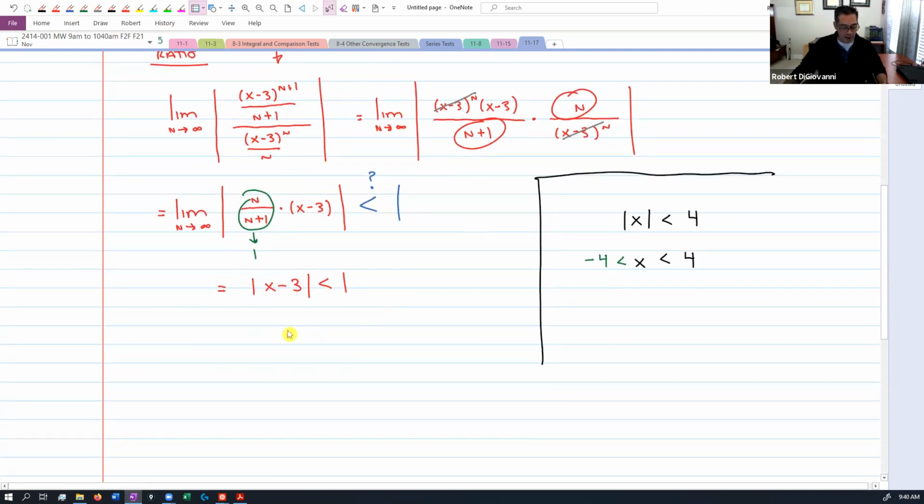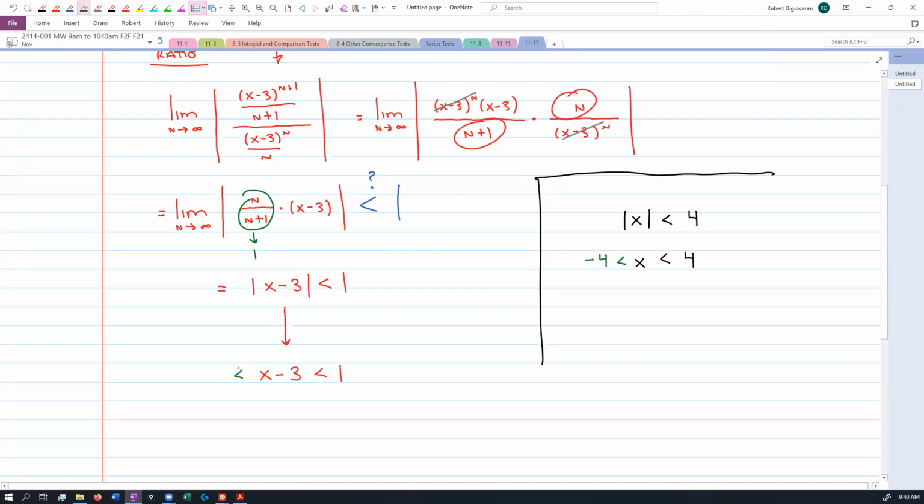So if I look at this and I do the same thing, this is telling me that x minus 3 must be less than 1, but greater than what? -1. Okay.